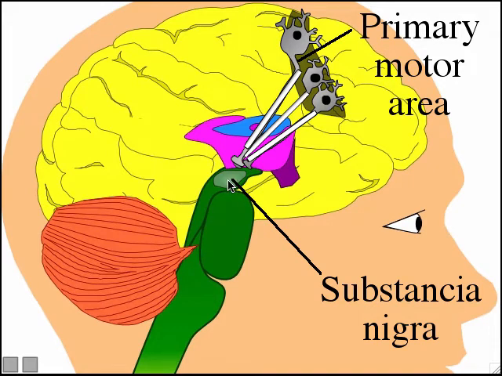And so the substantia nigra helps you move in a smooth and coordinated manner. Now, the cerebellum, this part of the brain right here, also is involved in smoothing out the motor signals, and so the cerebellum and the substantia nigra working together are what smooth out the motor signals.